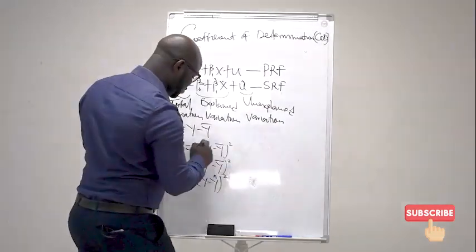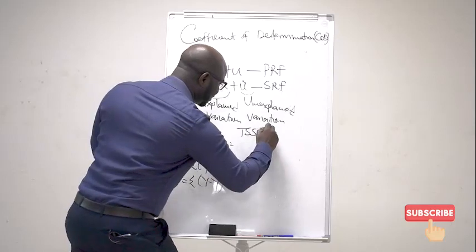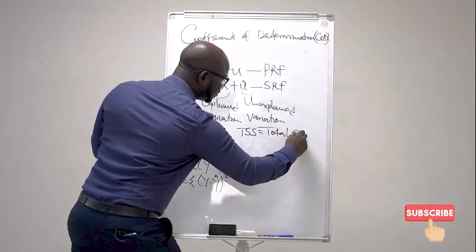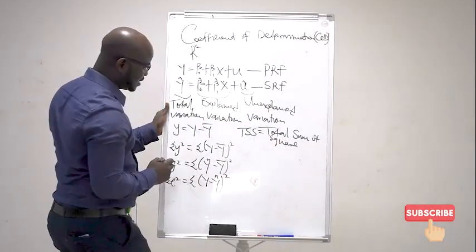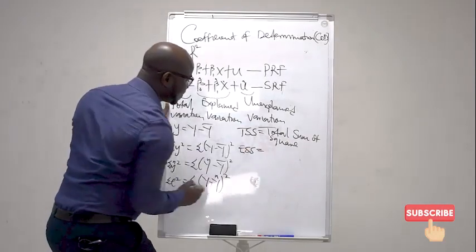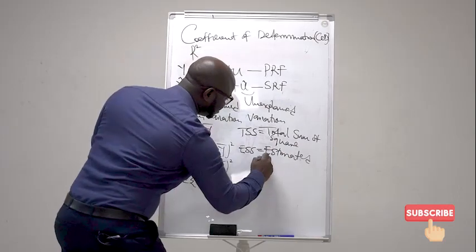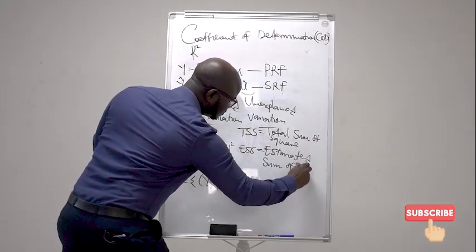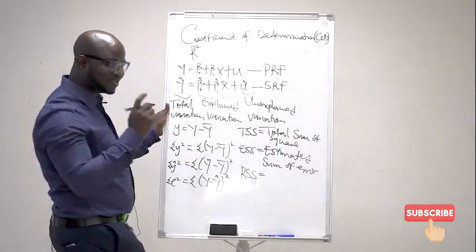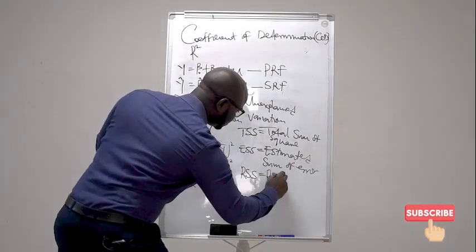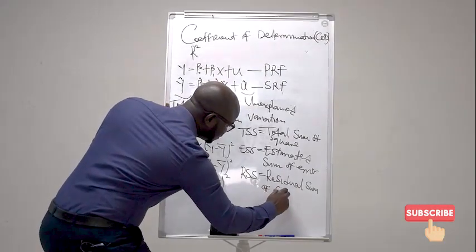And also we say that the TSS is the total sum of squares, and ESS is known as the estimated sum of squares, while the RSS is known as the residual sum of squares.